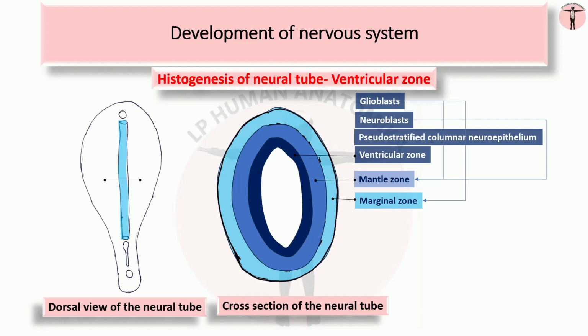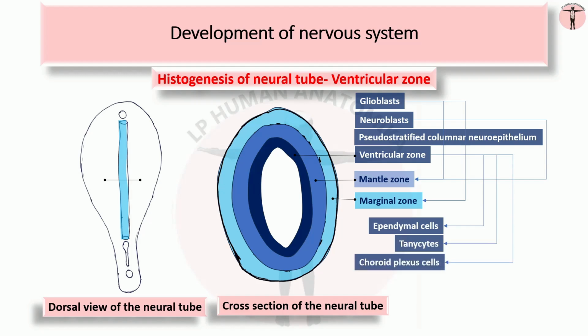The neuroectoderm that remains in the ventricular zone after completing its differentiation gives rise to ependymocytes or ependymal cells, tanycytes, and choroid plexus cells.